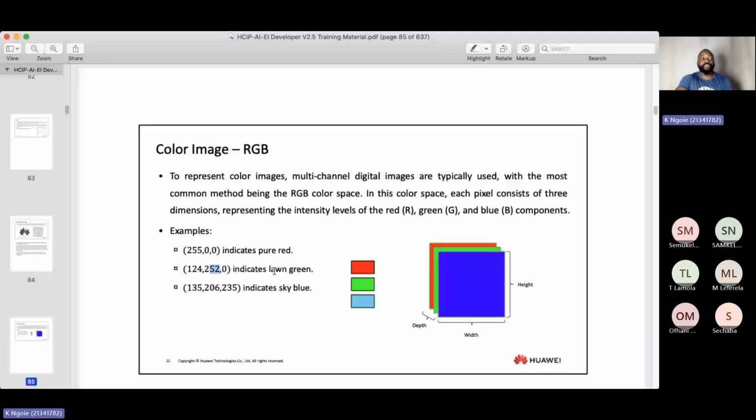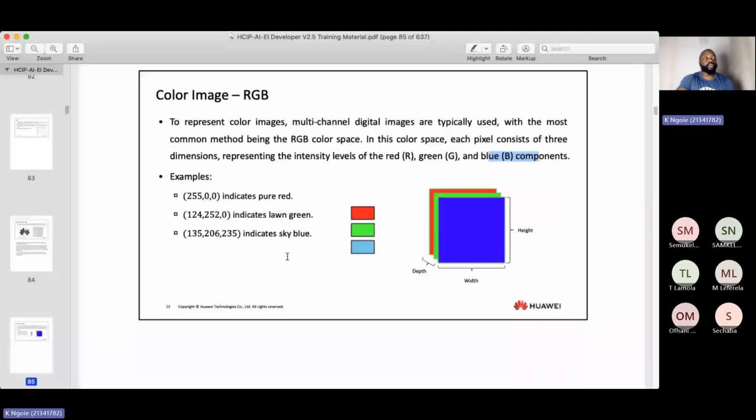This represents lawn green, sky blue. So you see, this is how the RGB model works, by combining these 3 channels of red, green, and blue. By combining these 3 channels, we can obtain millions of colors. Okay.